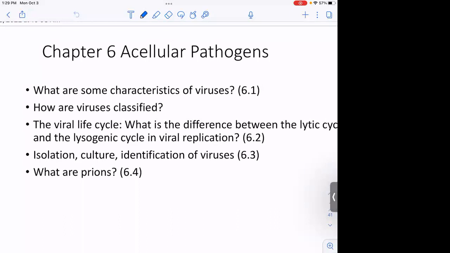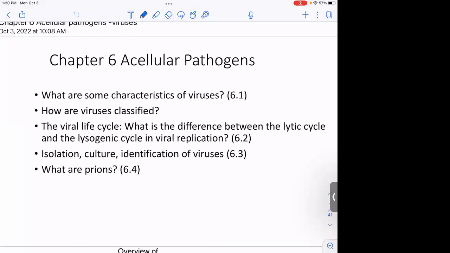They don't have all the structures that a cell, even a fairly simple bacterial cell, has. So we're going to start out by looking at the structure of viruses, how they're classified. We're going to think about how there are two different replication cycles that can take place, and then we'll finish.